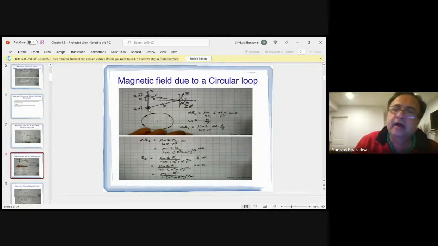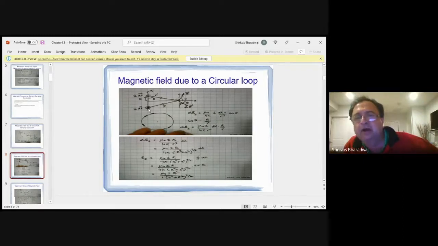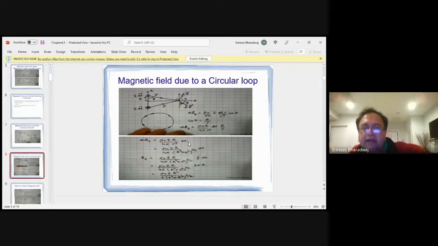So mu naught by 4 pi, dl cross r by r cubed times cos theta gives you an additive component. When you integrate all that, you end up with mu naught by 4 pi, r by r cubed, and dl goes one full circle, so the integral leads to 2 pi r.